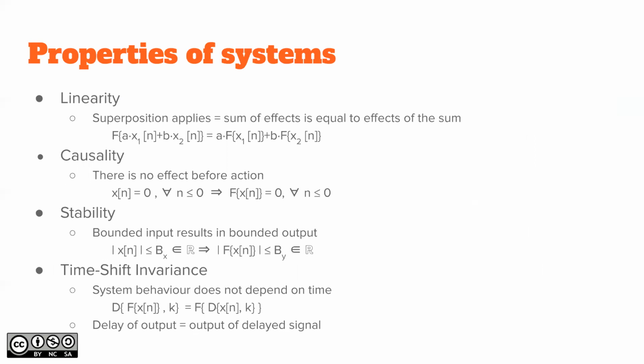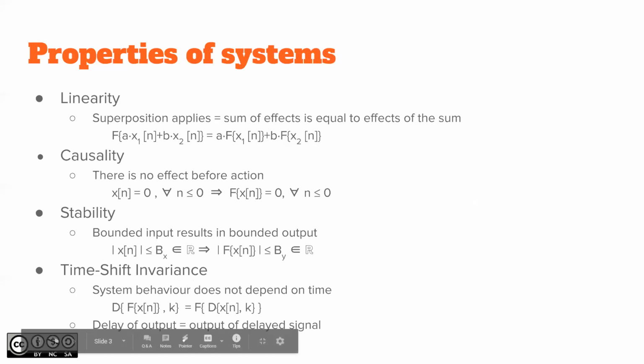Practically it means that superposition applies: if you have an input, or a weighted sum of inputs, and you feed that through the system, it should be the same as feeding each individual signal into the system and then summing the effects. Sum of effects is equal to effects of sum. It's a little bit hard to explain here.